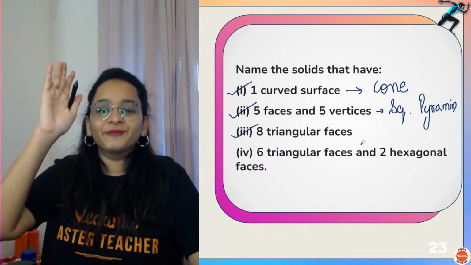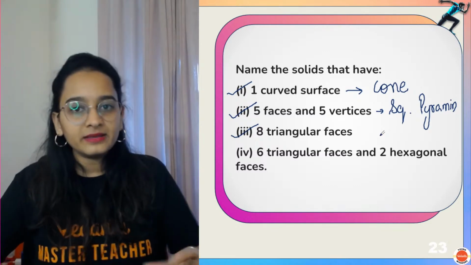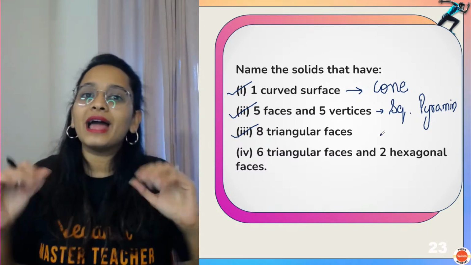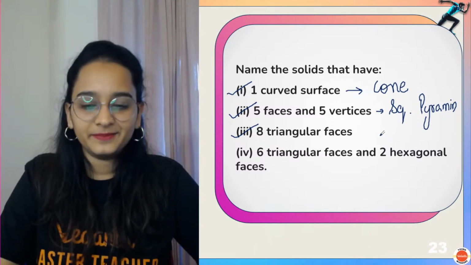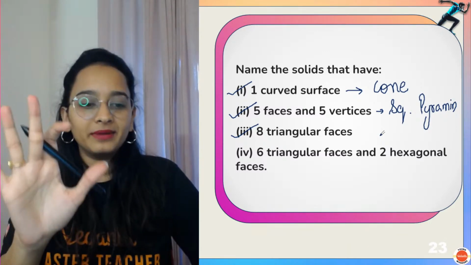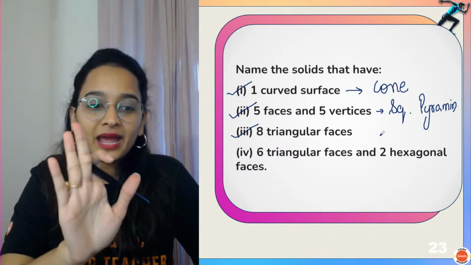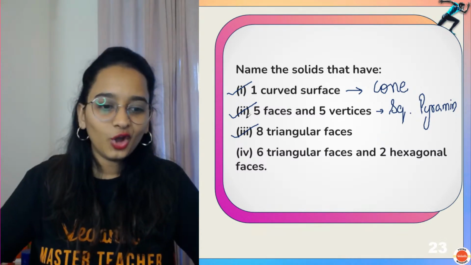Octagonal prism. Very good, Anjali. It is an octagonal pyramid which has 8 sides in the base. And so every side will have 1 triangle, so 8 triangles. Sorry, not prism, pyramid. I am so sorry. Anjali, it's not prism, it's pyramid. Octagonal pyramid. Okay?